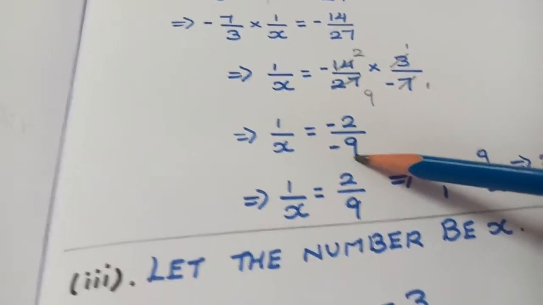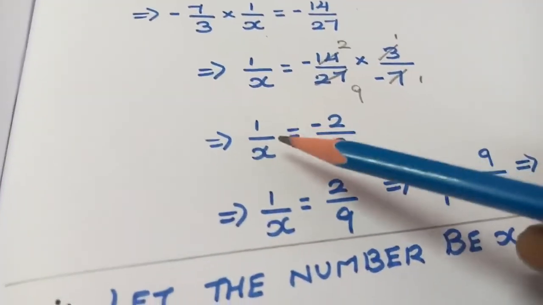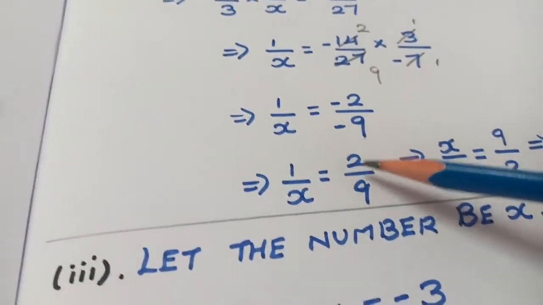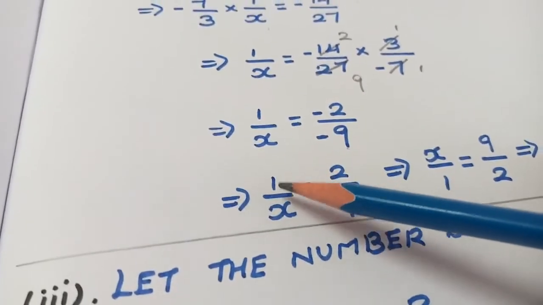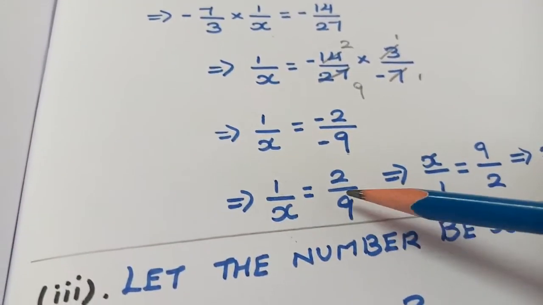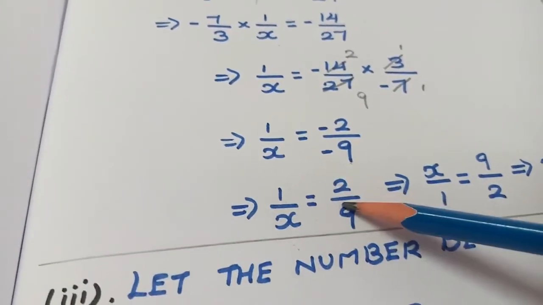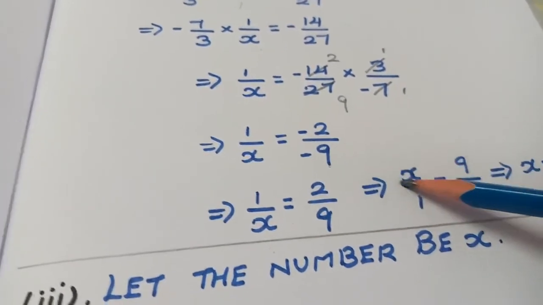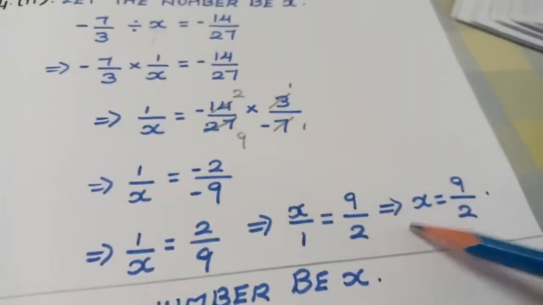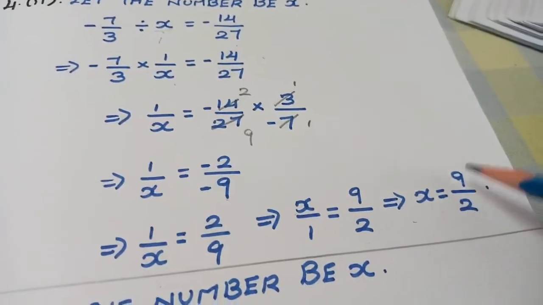Be careful here, students. We are finding the answer for x, not for 1 by x. Again, this 1 by x, after simplifying the sign, I am getting 1 by x is equal to 2 by 9. Take the reciprocal on both sides. After changing, x by 1 is equal to 9 by 2. x by 1 can be written as x, so x is equal to 9 by 2 is the required answer.